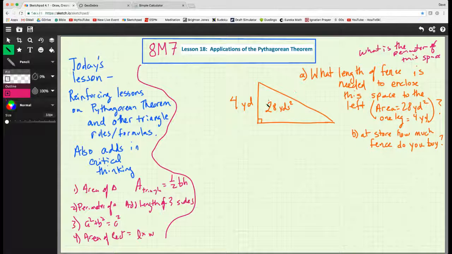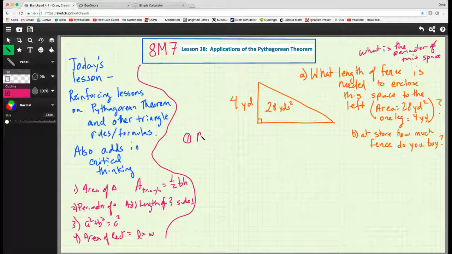In this case, you can't use the Pythagorean theorem because you don't know the length of 2 sides, but you do know the area. That's our first clue. We're going to need to use area and height to find this other length. Once we find it, we can use the Pythagorean theorem to find this piece over here. So we're going to have to do 2 steps.